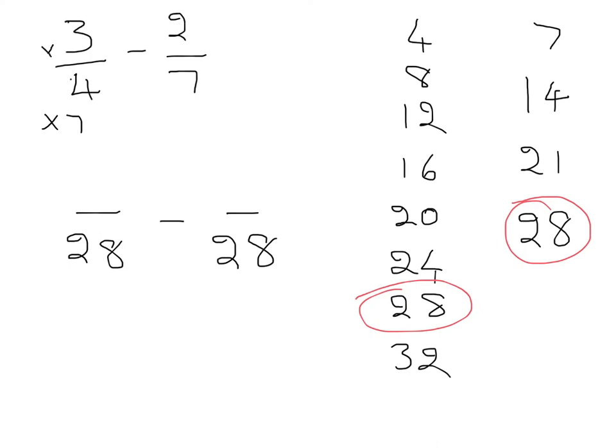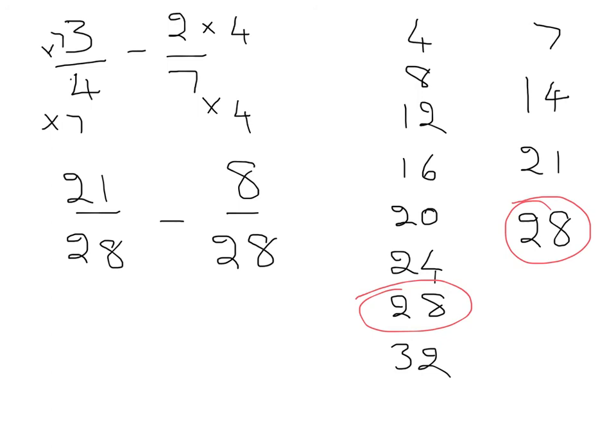We're going to times that by 7 as well. 3 times 7 is 21. Then we need to look at the other fraction. We've gone from 7 to 28. What did we multiply by this time? We multiplied by 4, so we need to do the same to the top number. 2 times 4 is 8.